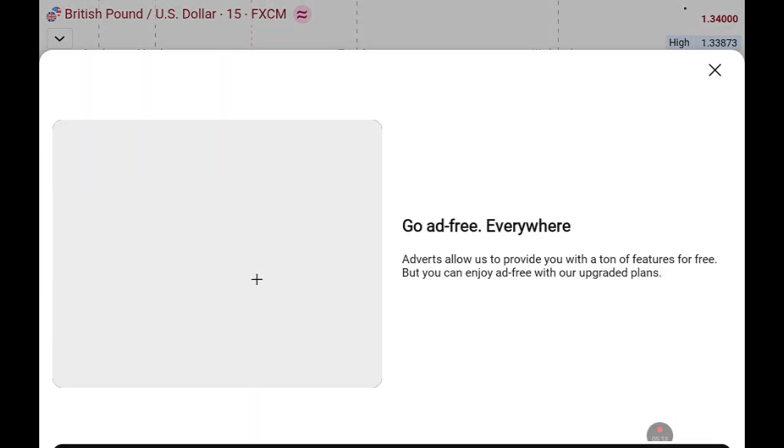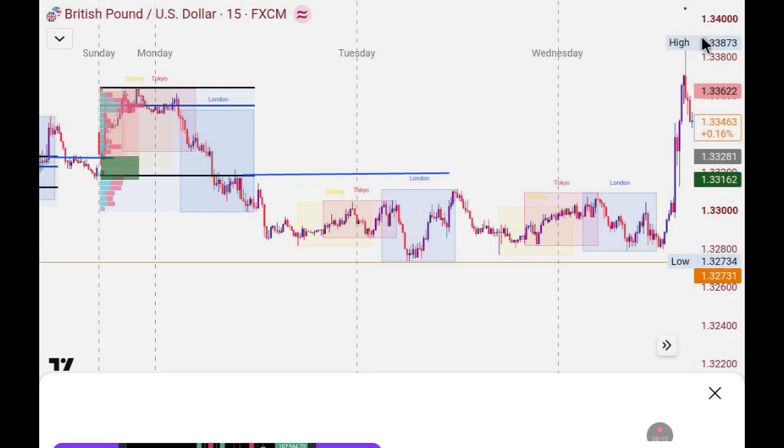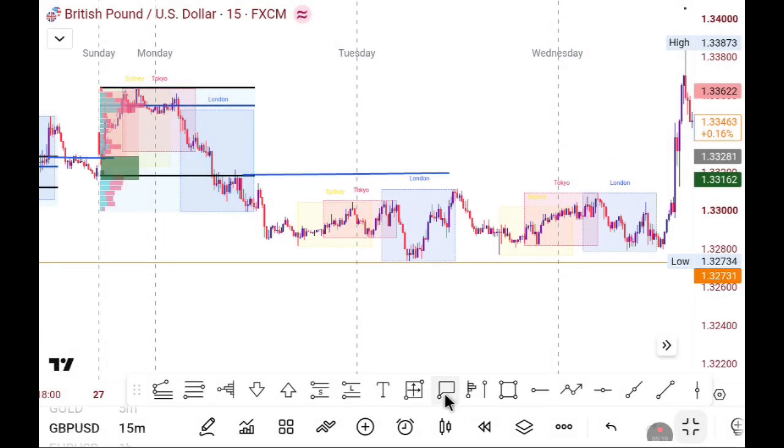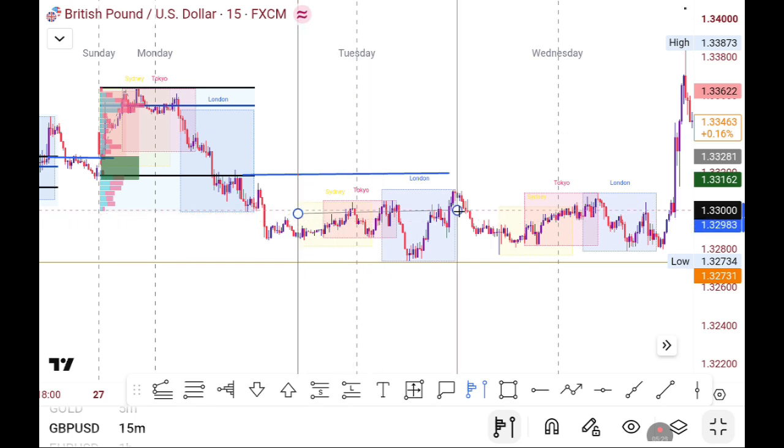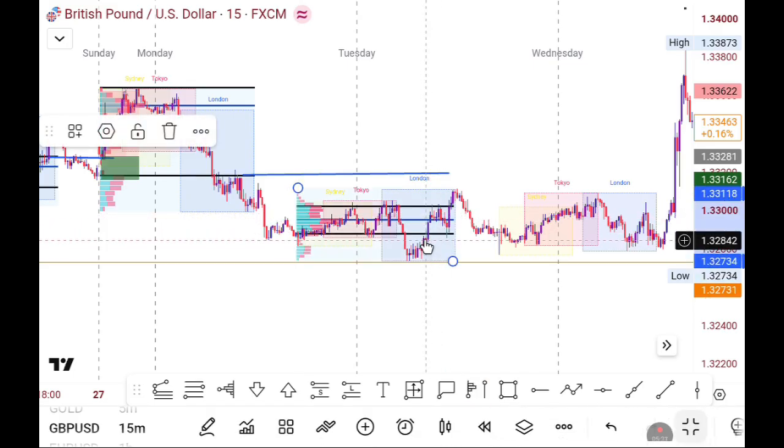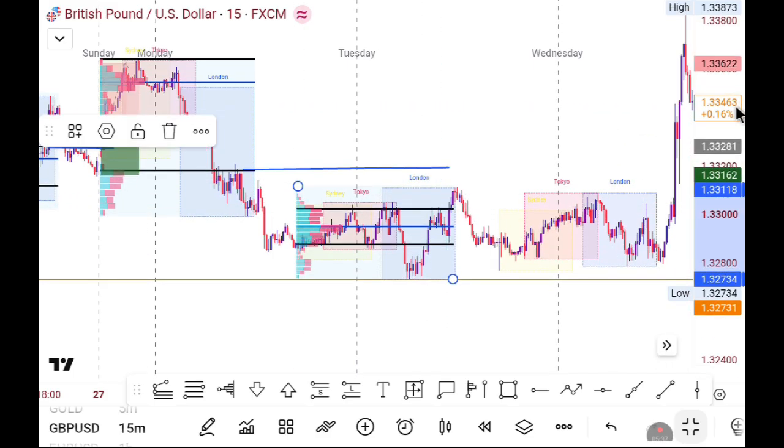So we didn't have any entry on Monday, and if we didn't have an entry, we didn't place a trade. This is not about gambling or a 50-50; this one has a 95% win rate.